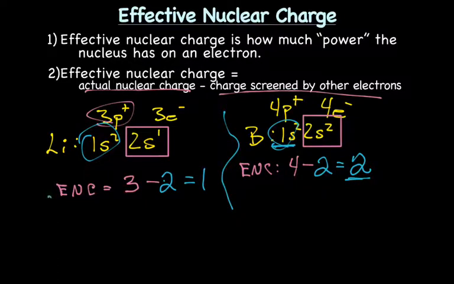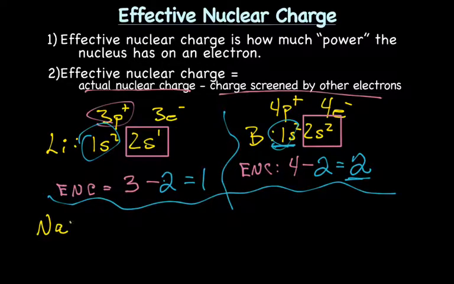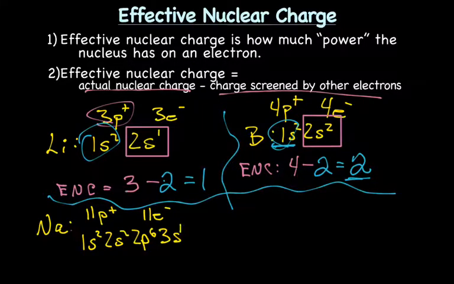If we were to instead go down a group, we'll go from lithium now to sodium. Sodium has 11 protons and 11 electrons with an electron configuration of 1s2, 2s2, 2p6, 3s1. The valence electron we're interested in is 3s1.